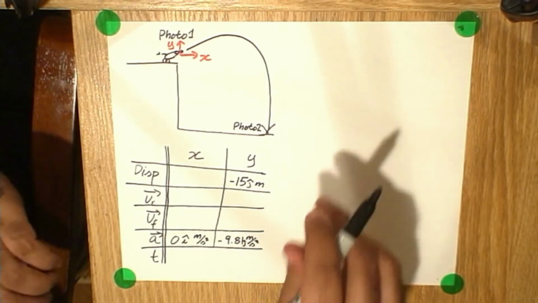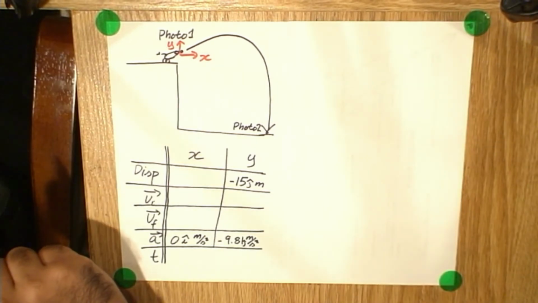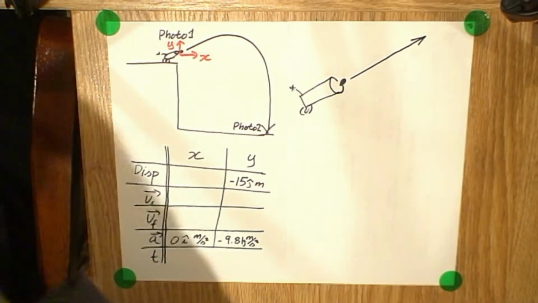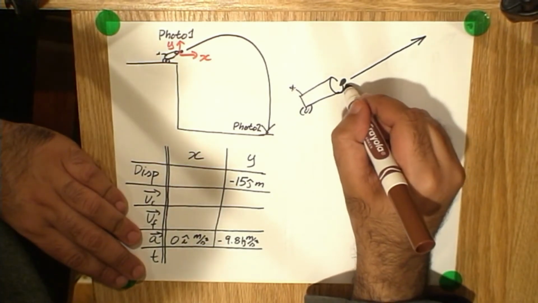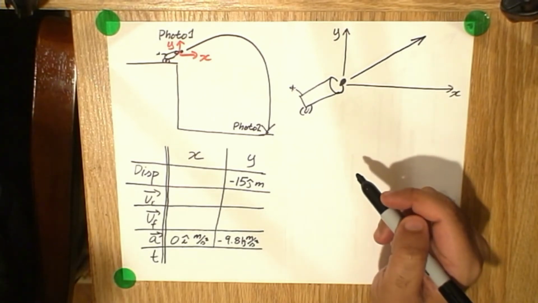Well, let's look at the initial velocity a little bit more closely. I'm going to draw a close-up of the cannonball just as it gets launched. I will draw in the axes as well. Now let's think for a second about what we were told.